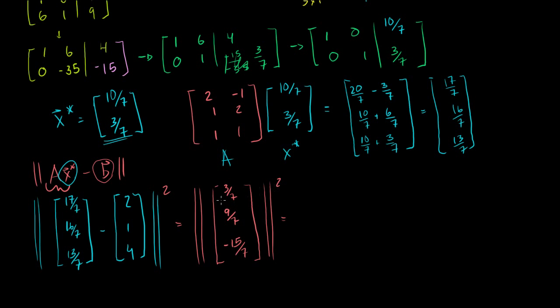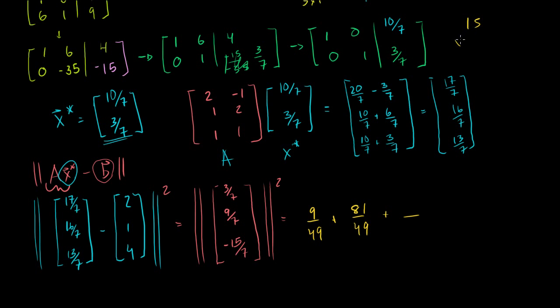The square of its length is going to be 3 sevenths squared, so that is 9/49, plus 9 sevenths squared, which is 81/49, plus minus 15 sevenths squared. What's 15 squared? 15 squared is 225, I think.